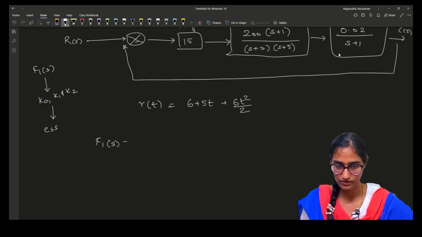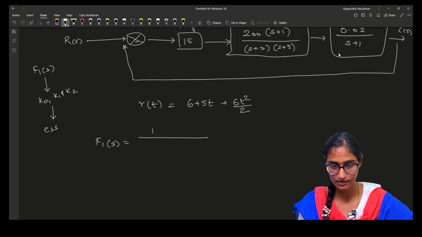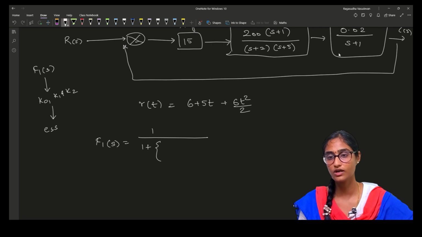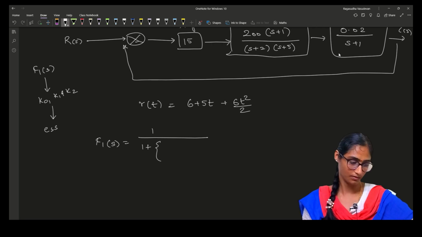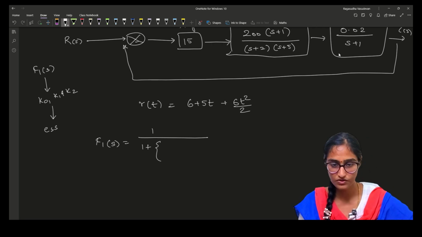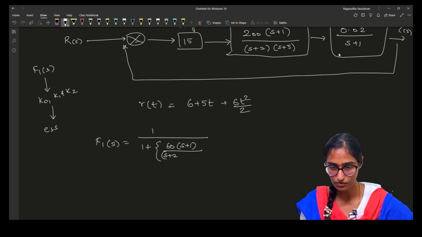So the F1 of S will be 1 divided by 1 plus G of S into H of S, which is 15 into 200, 3000 into 0.2 will be 60. Yeah, 60. So the transfer function is 60 into S plus 1 divided by S plus 2 into S plus 5 into S plus 1.